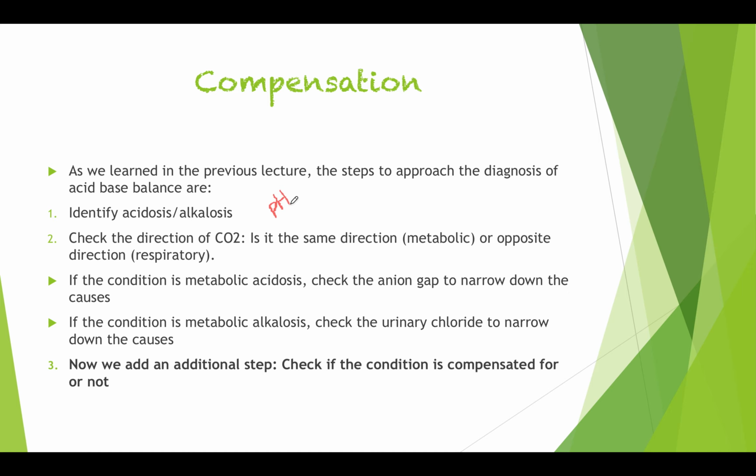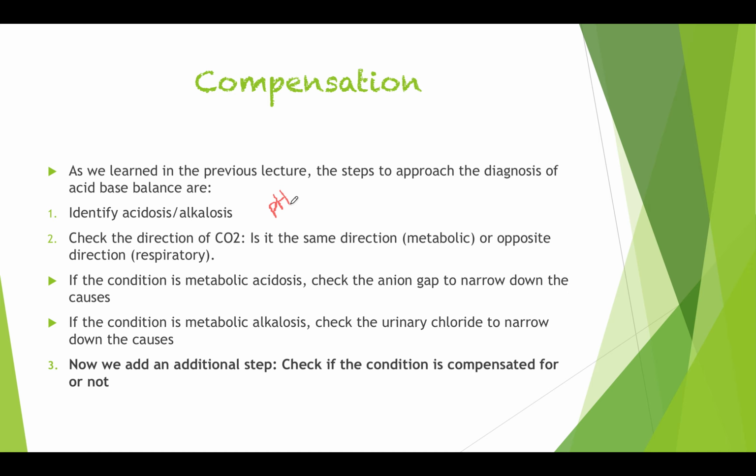If the condition is metabolic acidosis, we need to calculate the anion gap to narrow down the causes. If the condition is metabolic alkalosis, we need to check the urinary chloride. Now we add an additional step, which is to figure out if the condition is compensated or not compensated.